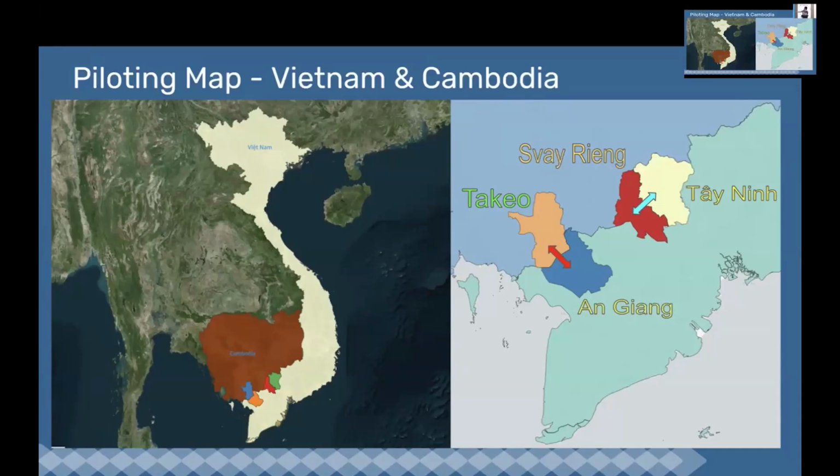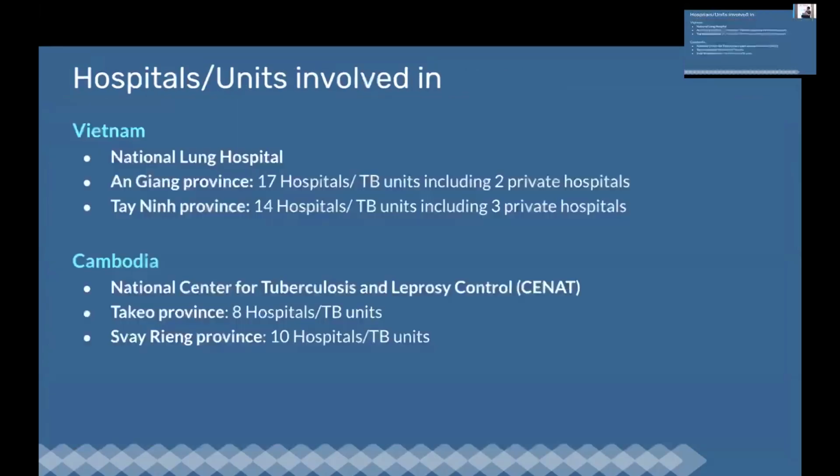This map is in the south of Vietnam. This is a list of hospitals involved for An Giang province. We have 17 hospitals, and Tây Ninh has 14 hospitals. In Cambodia, Takeo province has 8 hospitals and Svay Rieng has 10 hospitals, and also other TB units.